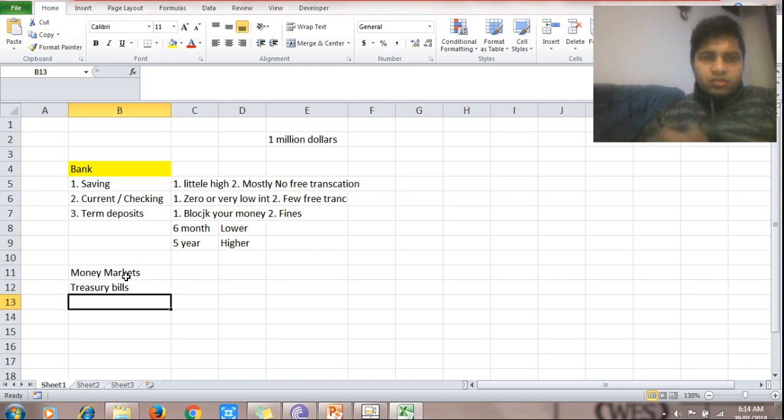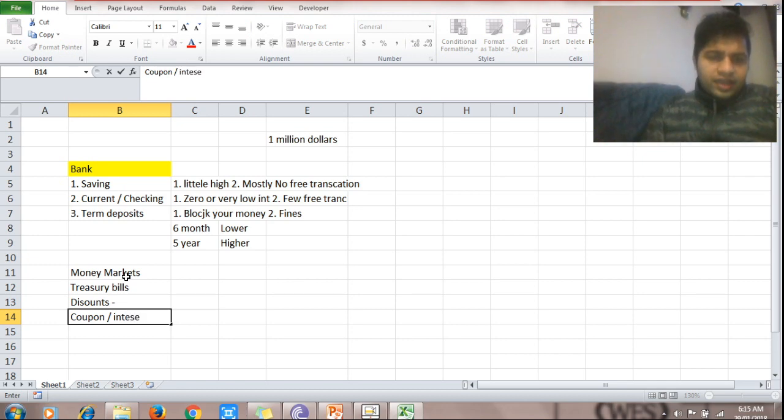Treasury bills and all the money market instruments, like commercial papers, are mostly traded at a discount. What does that mean? They generally don't have any coupon or interest payments. They don't pay regular interest like you get on savings or term deposits; instead, the interest is built into the price.